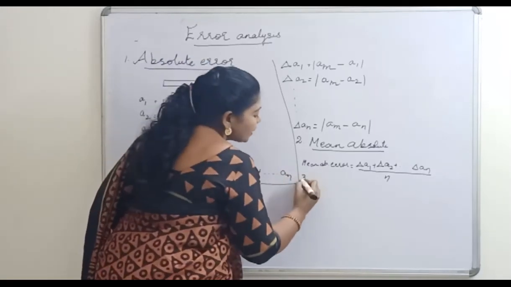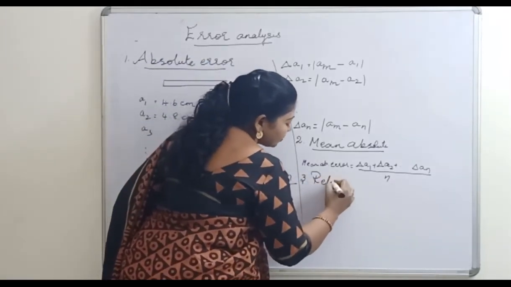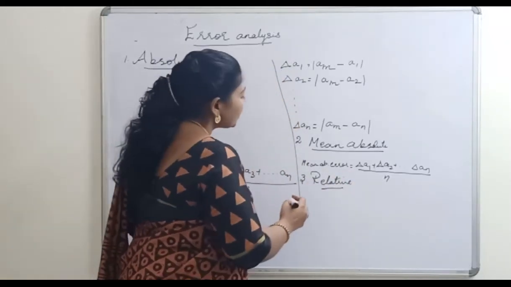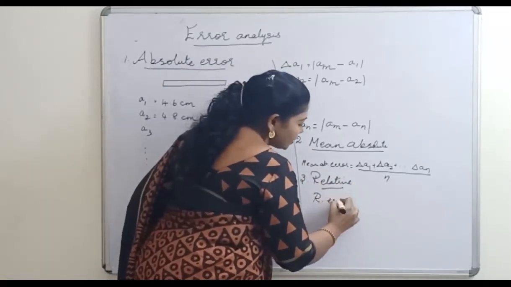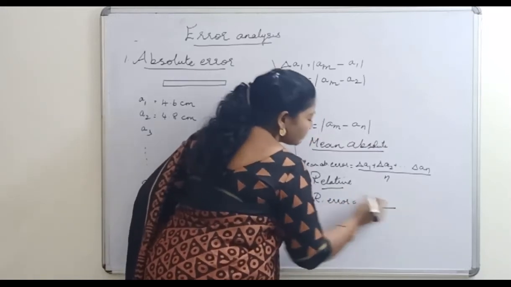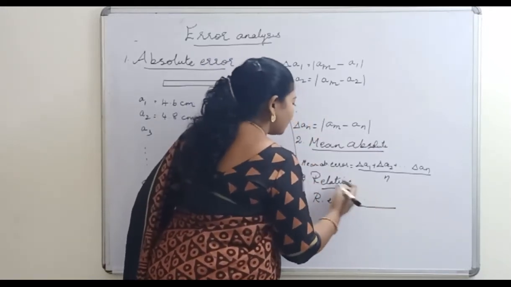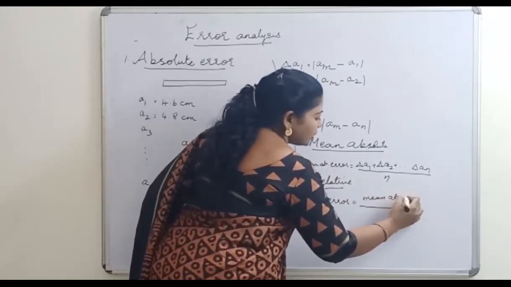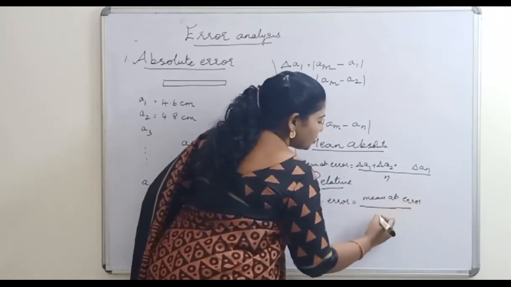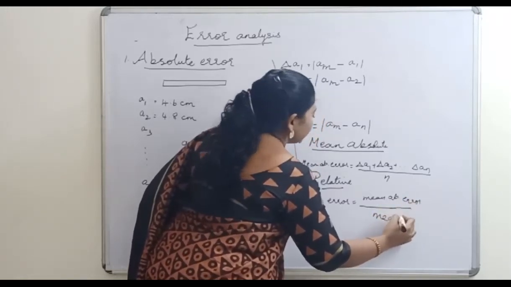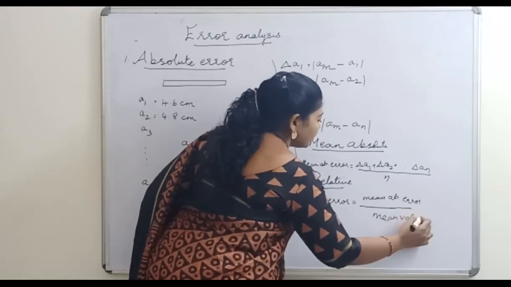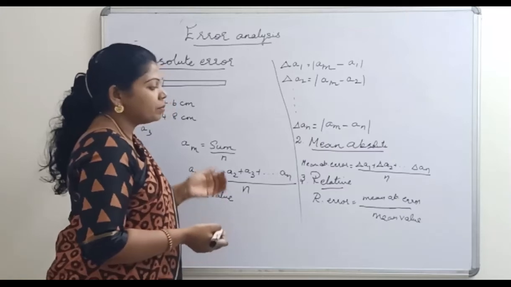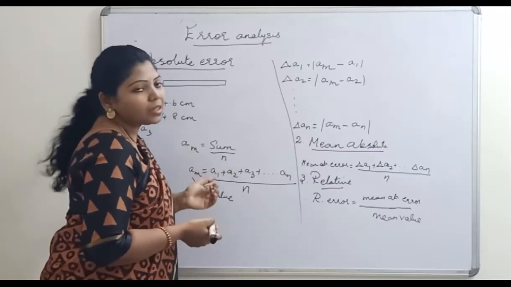The third one is relative error. What is meant by relative error? Relative error is the ratio of mean absolute error to the mean value.